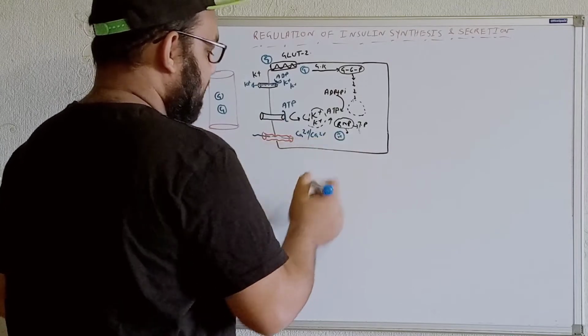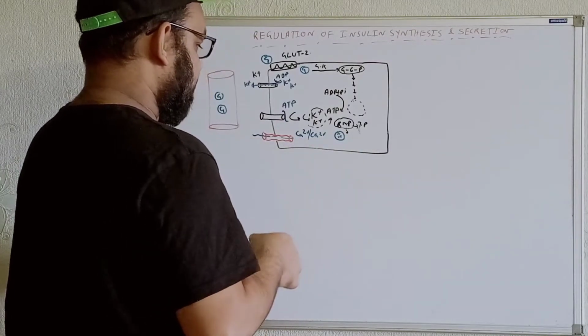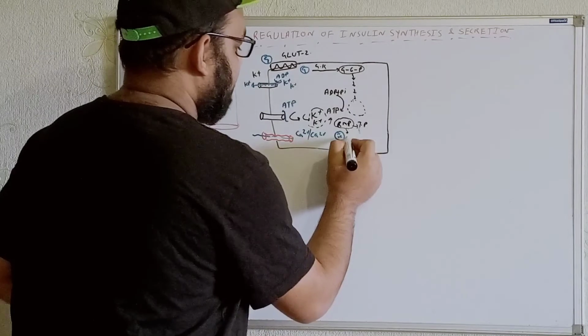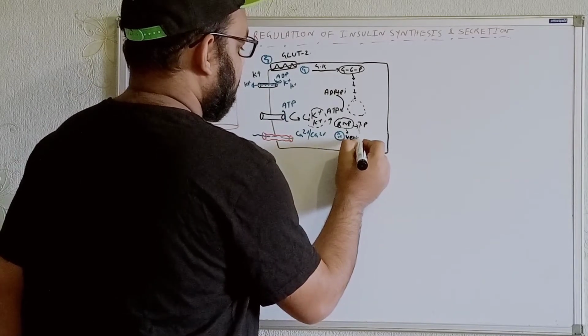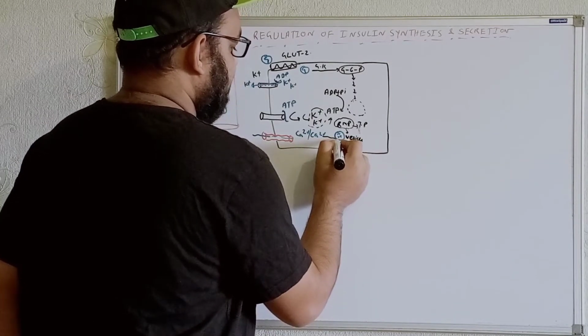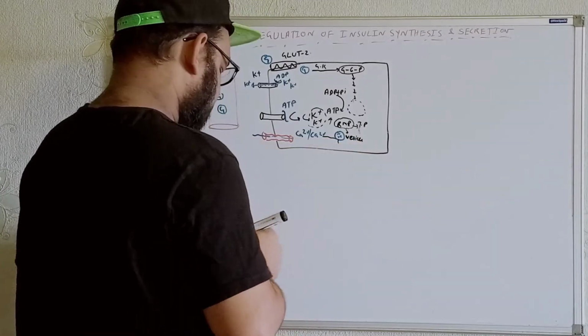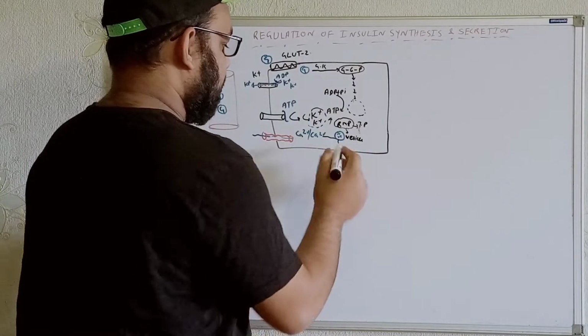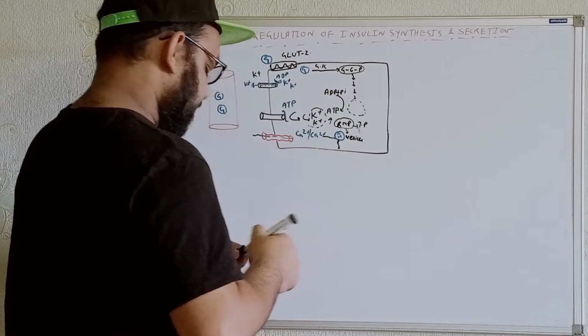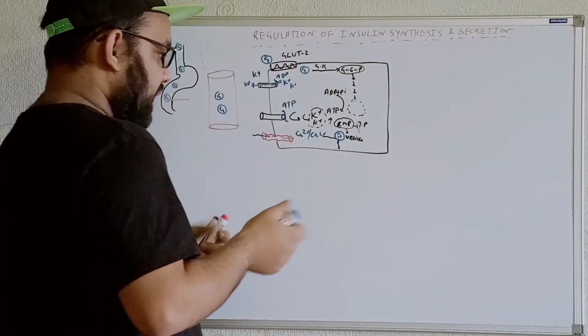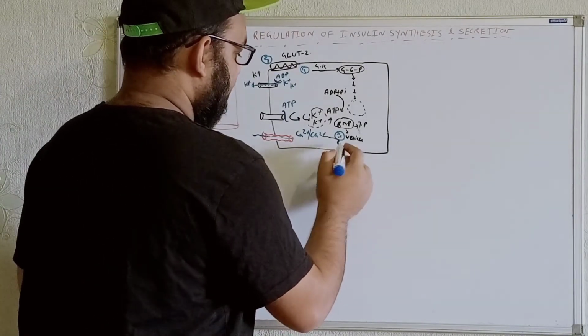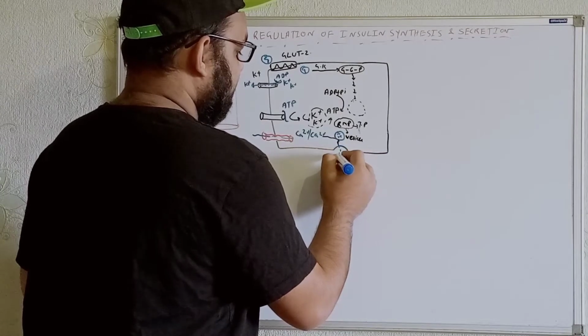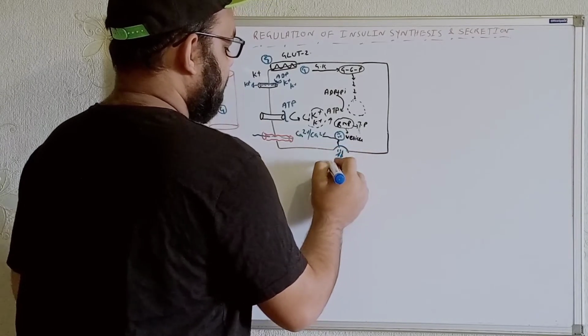Now what will this calcium do? This calcium will take the vesicles and they will fuse along with this membrane. After that, by the exocytosis process, we will see the release of the insulin.